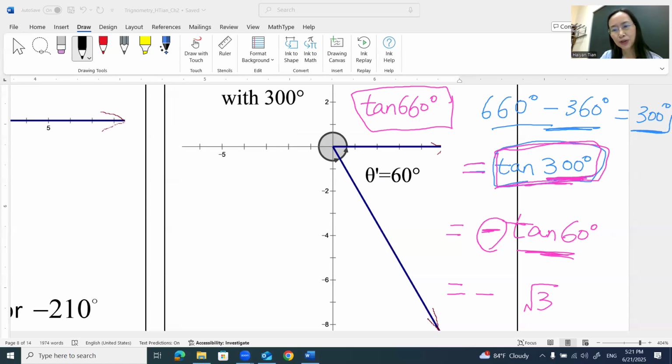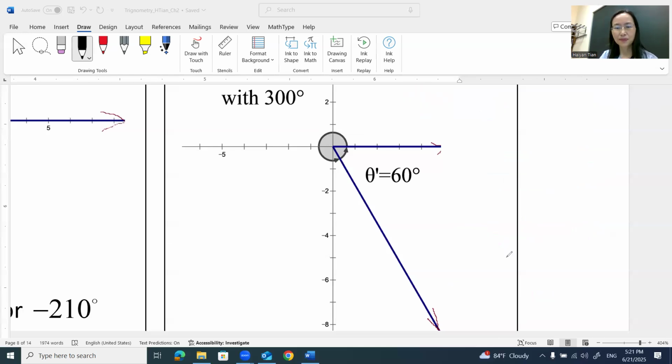Then afterwards, you work with the least positive angle to find its reference angle. After you find the reference angle, then use the trig function values of the reference angle and then address the sign, right, based on the location of the given angle.